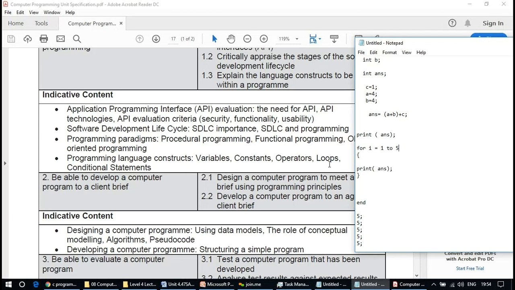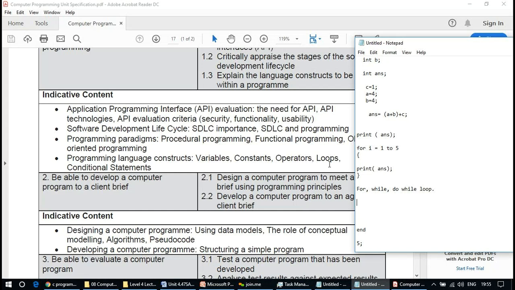It means i would be repeated 5 times, so this print would be carried out 5 times: 1, 2, 3, 4, 5. So the repetition is carried out by loops in programming. There are different types of loops, like the for loop, while loop, and do while loop.